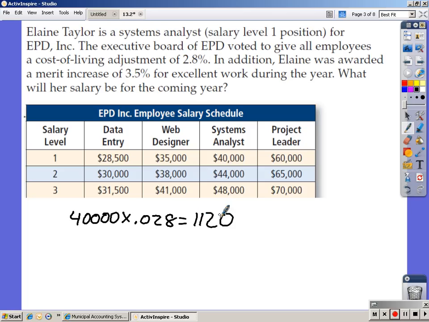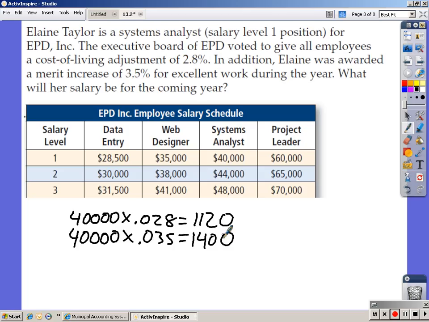Now, for the merit increase, take 40,000 times 0.035. That works out to be 1,400. Now, the question is, what will her salary be for the coming year?